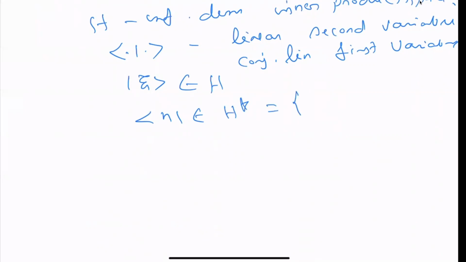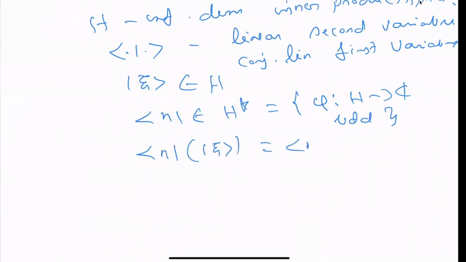These are all the bounded linear functionals from H to C. Any linear functional is given by this: eta acting on any vector xi is just the inner product. This is the convenience of this notation, and that's why this bracket notation is used. You just evaluate the inner product, and that is how the linear functional will look.